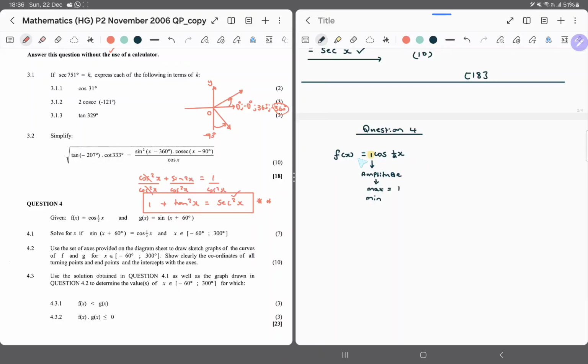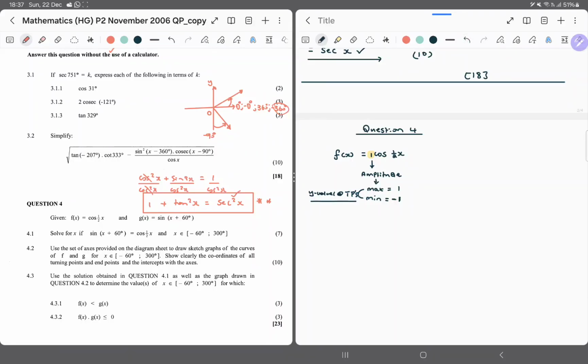The maximum is always the absolute value of the coefficient, and the minimum is always the negative version of that, meaning the negative absolute value of that coefficient. So that is good. But what are these things, guys? These things are nothing but y values at turning points.